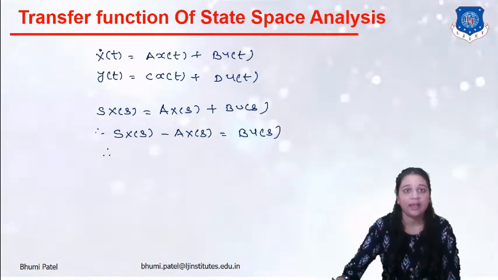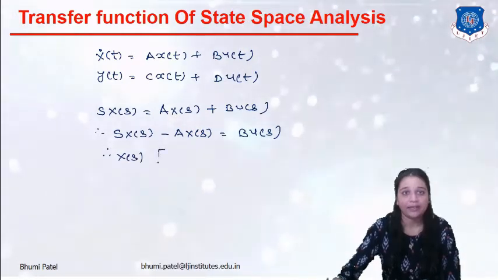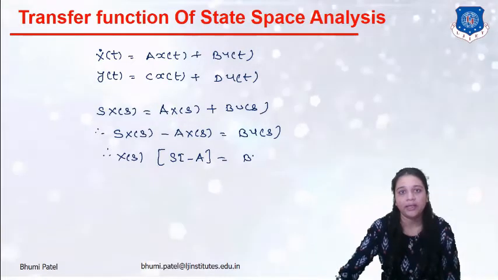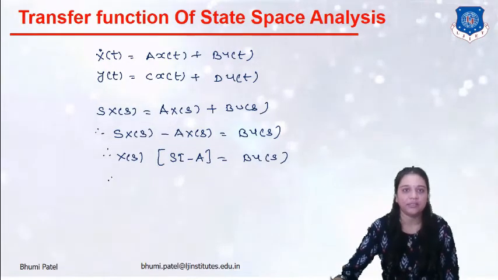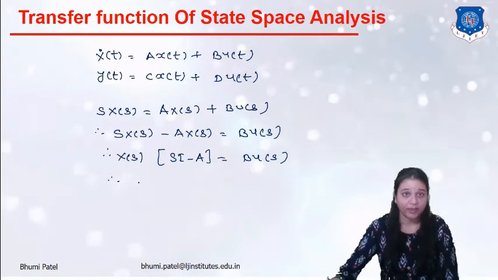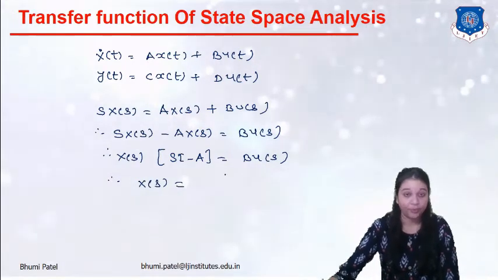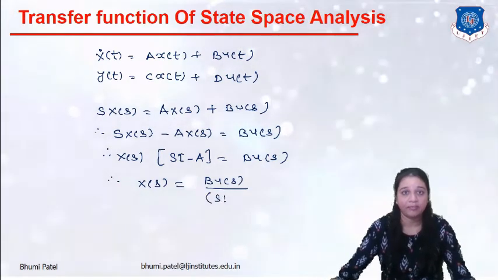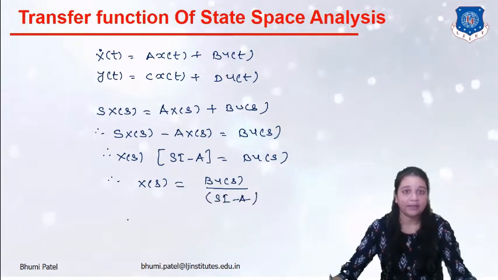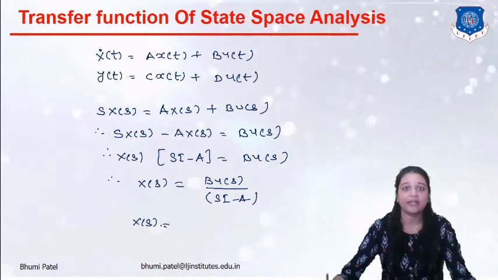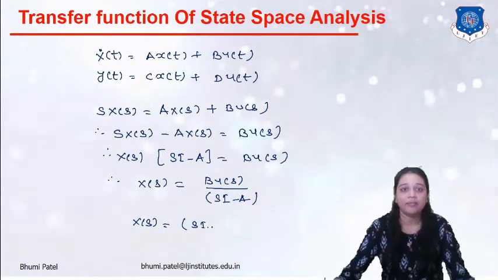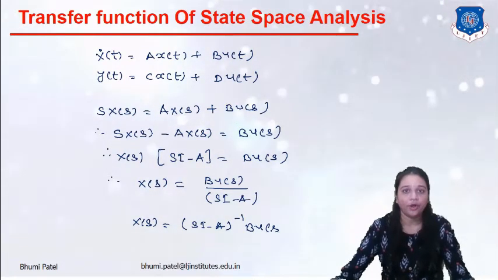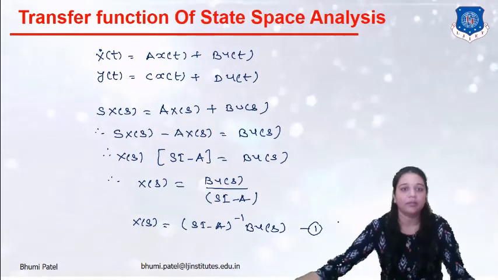So we get X of s times (sI minus A) is equal to B U of s. That means X of s is equal to B U of s upon (sI minus A), that is, X of s is equal to (sI minus A) inverse into B U of s. This is my equation number 1.